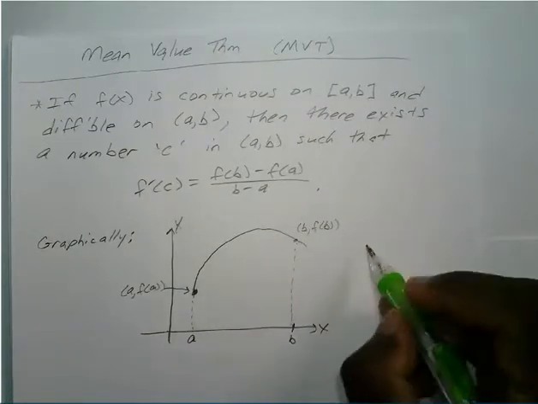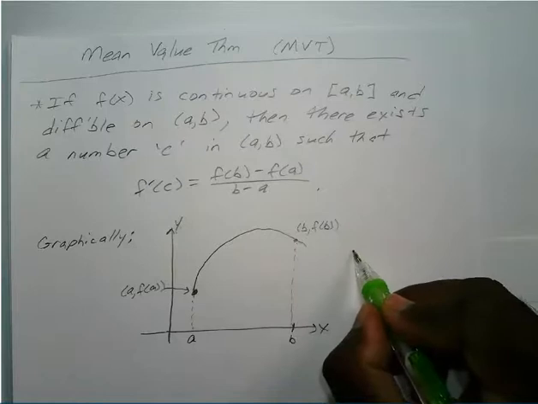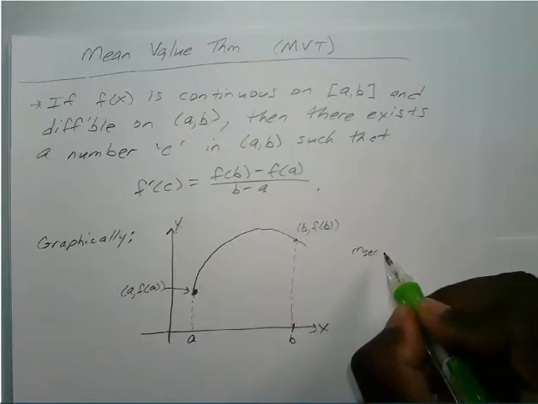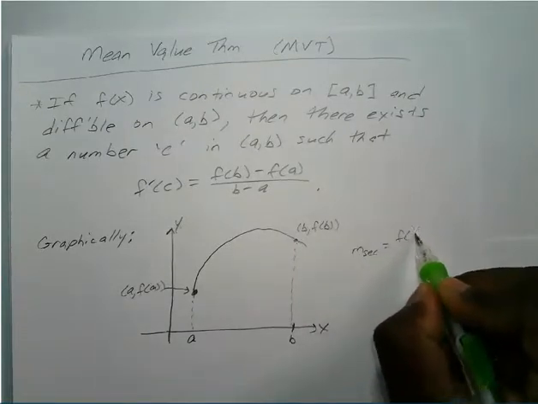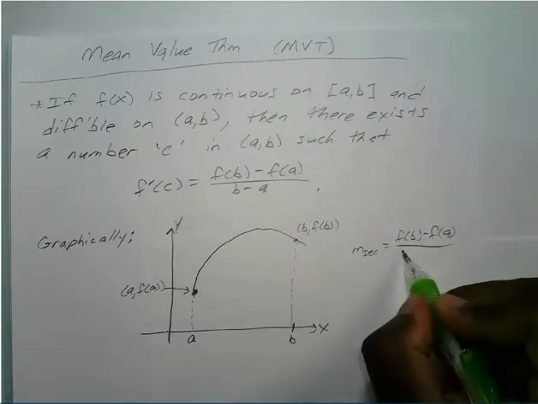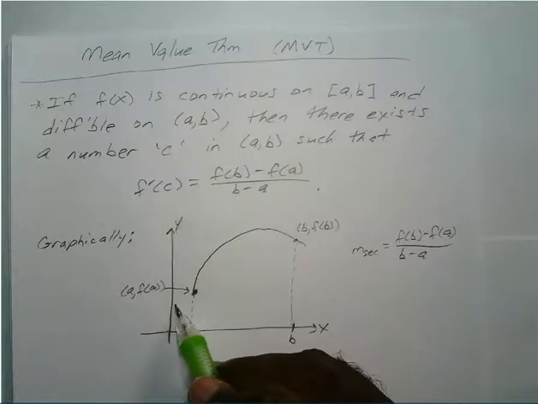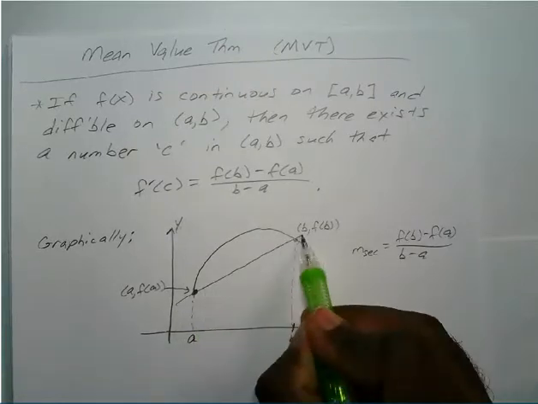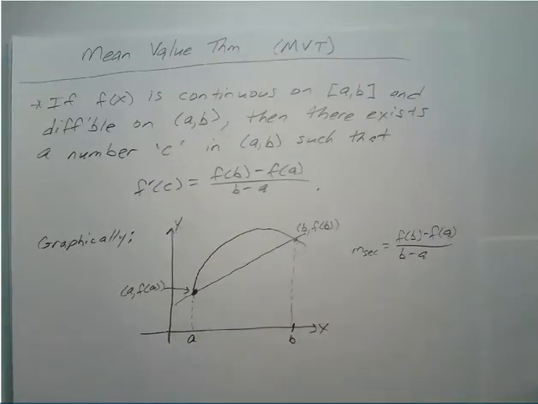If you remember, your slope of the secant line is f of b minus f of a all over b minus a. So you would have a slope that you could calculate between those 2 points.